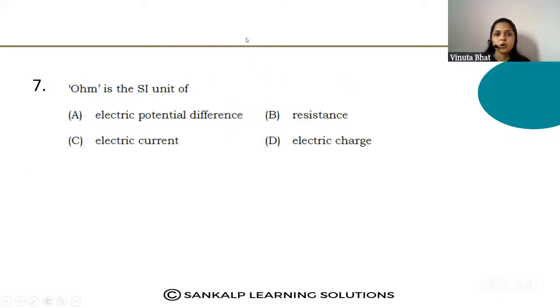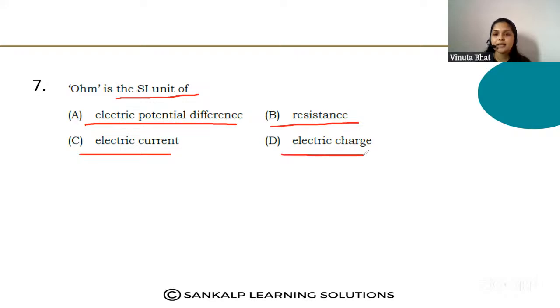Next question. Ohm is the SI unit of: option A, electric potential difference; option B, resistance; option C, electric current; option D, electric charge.